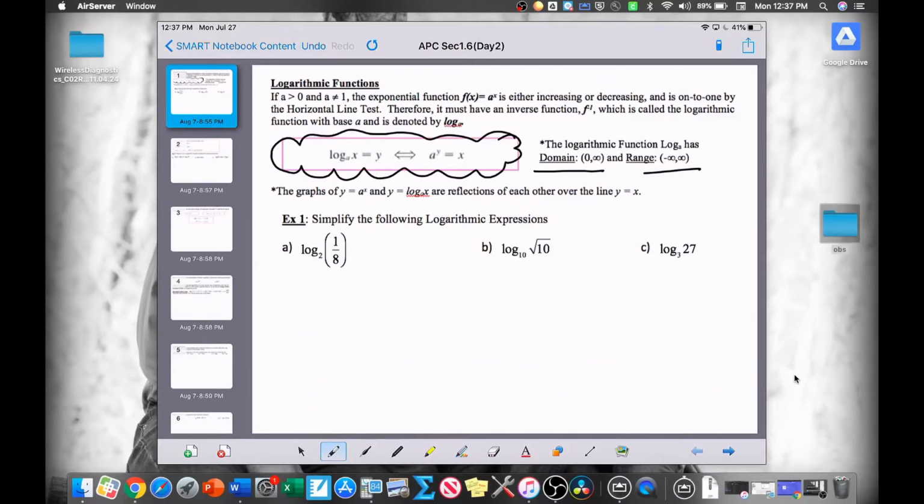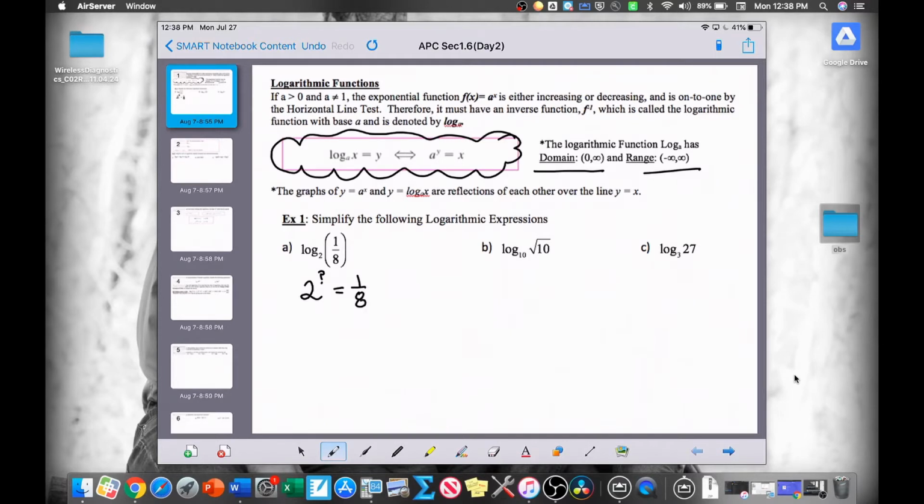Our first examples are just a little bit of a review of working with logs and simplifying logarithmic expressions. These are brain power problems. These are not calculator problems. Letter A says log base 2 of 1/8. What does that simplify to? So if I think about this in exponential form, this is basically asking me 2 to what power is equal to 1/8.